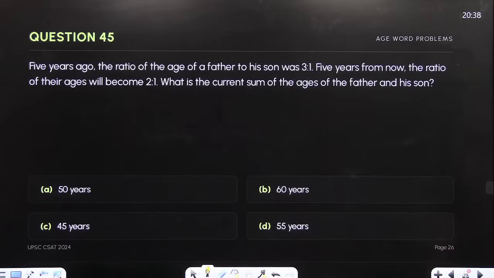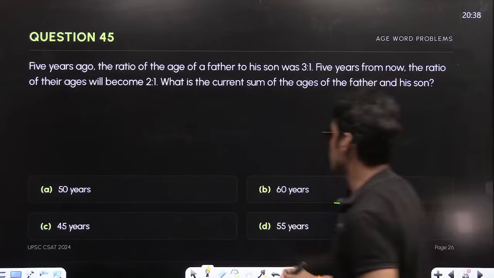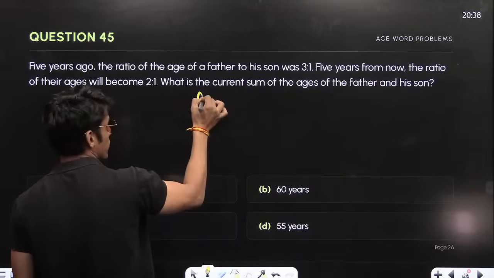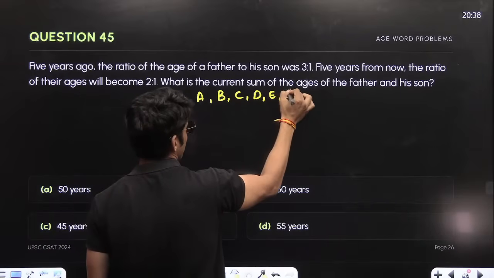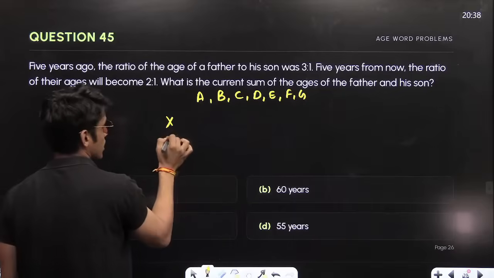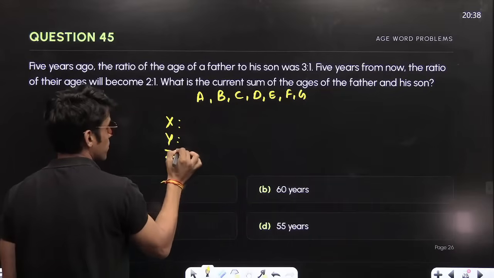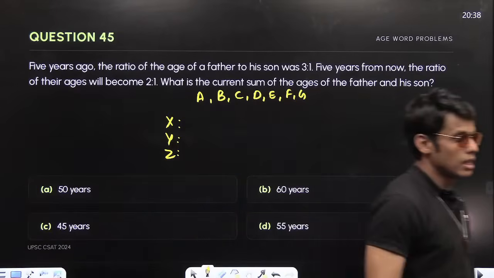7 people A, B, C, D, E, F, G travel by cars X, Y, Z. So this was the problem, that there are 7 people traveling by cars X, Y, Z. Just see how I am assigning all these things, right?